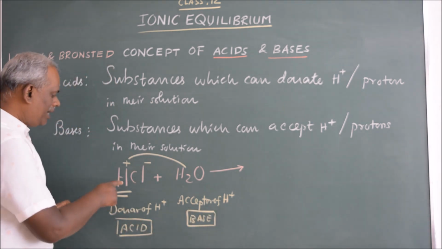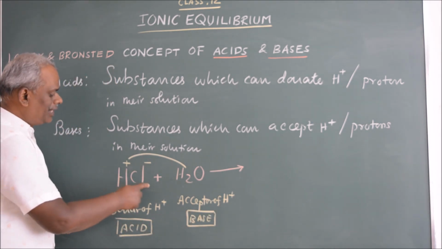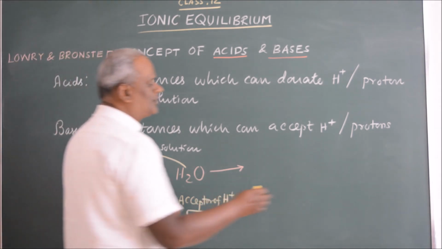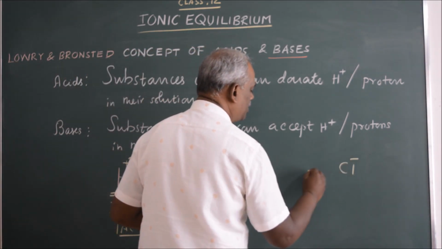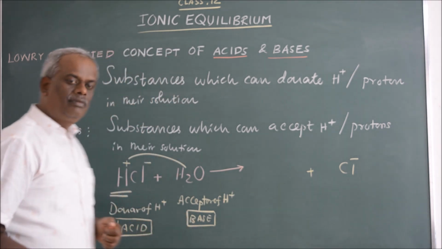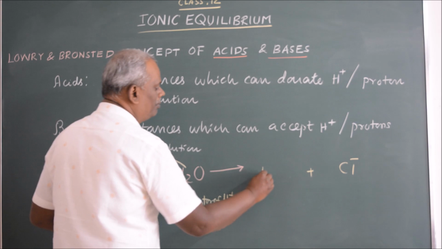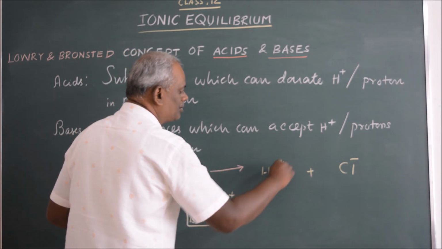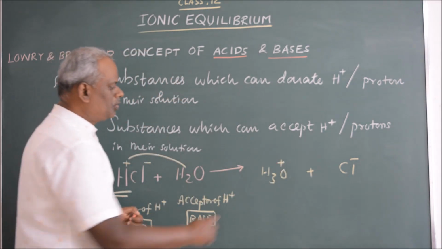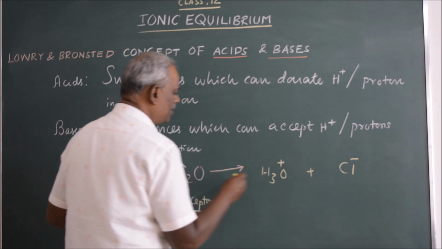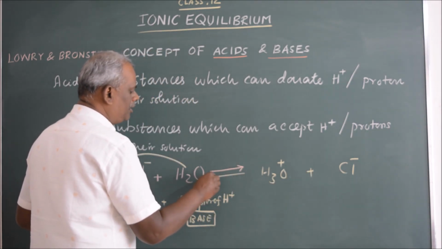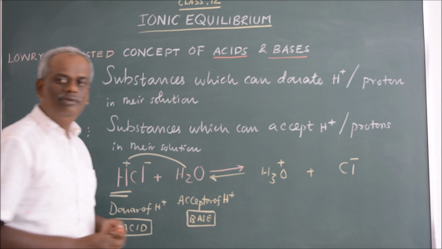After the loss of hydrogen plus, this HCl can give Cl minus, so that is a counterpart. After accepting this H plus, H2O can form H3O plus. These two can interact with each other, so the reaction can be continued in the reverse direction also.